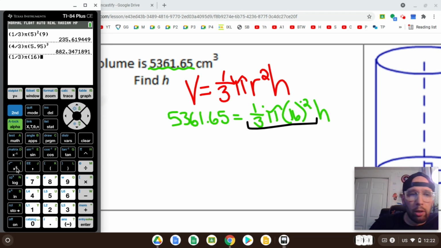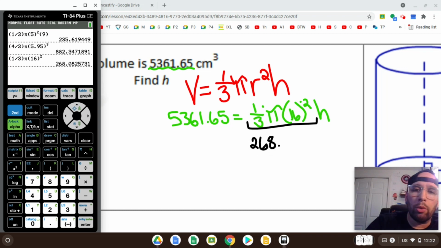Is it squared? Yep. Enter. Now, that number is 268.1, we'll say, h.